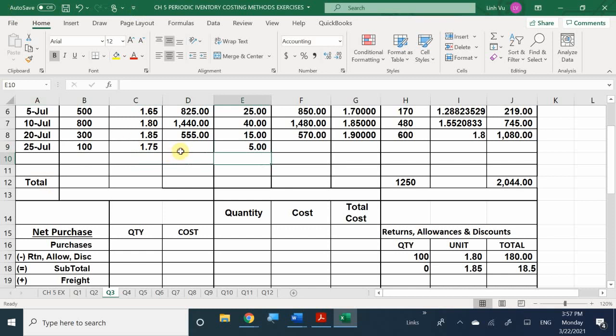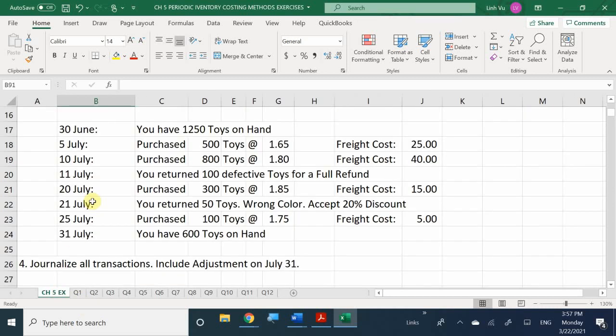So what is my total purchase price here? 175 plus 5. Total cost 180. Bringing our cost per item to be $1.80. Okay. Excellent. So then, last but not least, what happened here on July 31st?